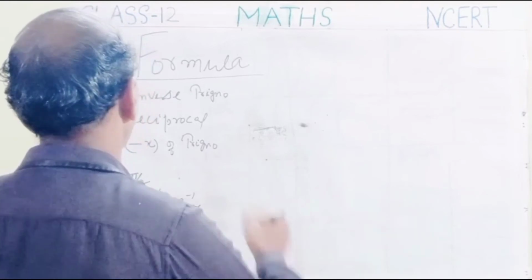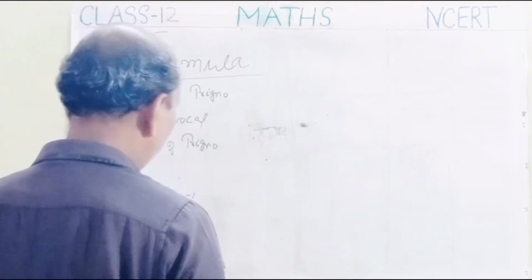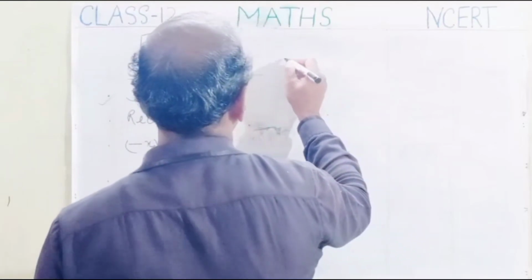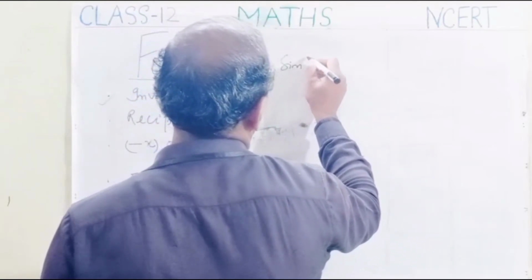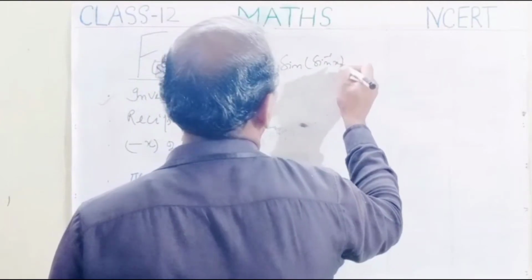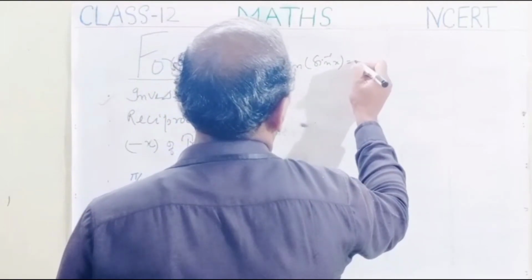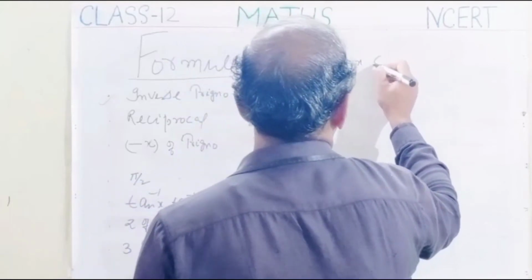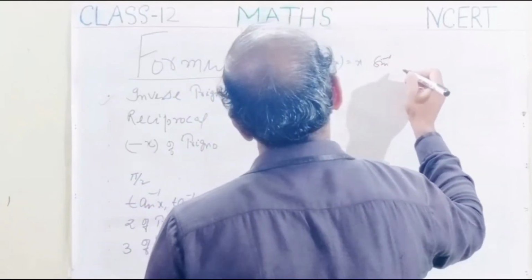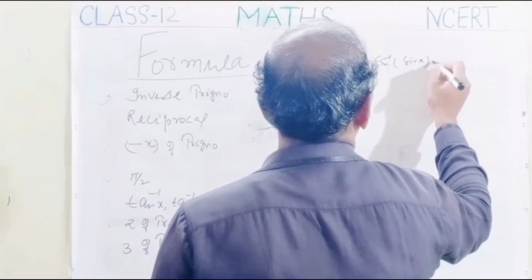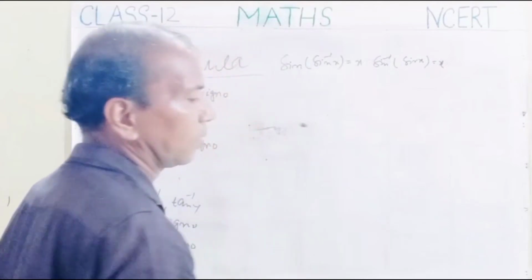Now the first one is the inverse trigonometric functions. So what are the formulas for that? The formula is simply sine of sine inverse x, which is equal to x, or sine inverse of sine x, which is also equal to x.